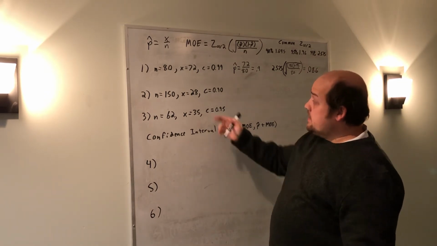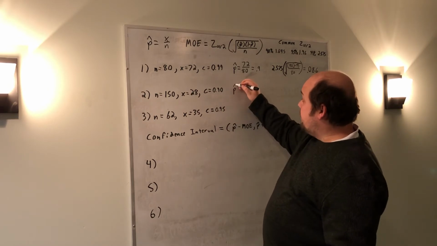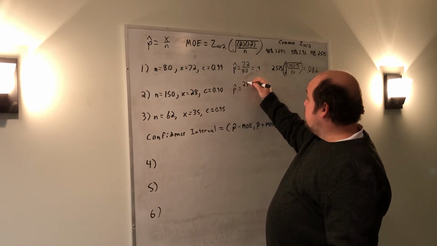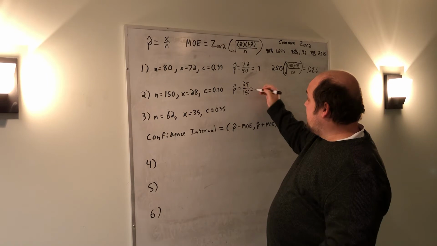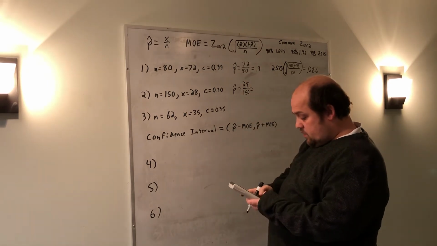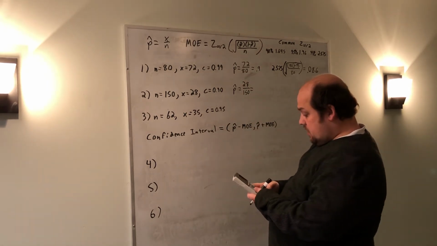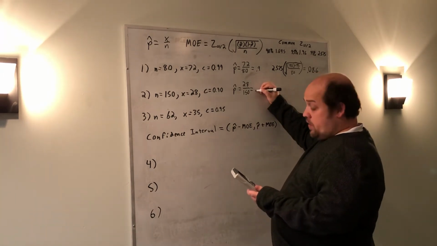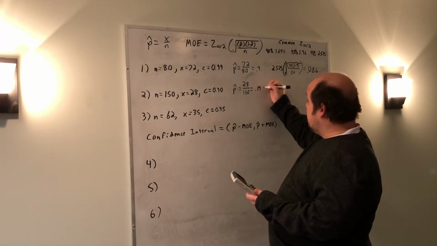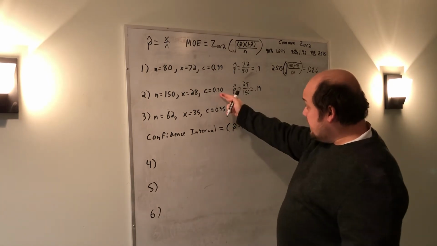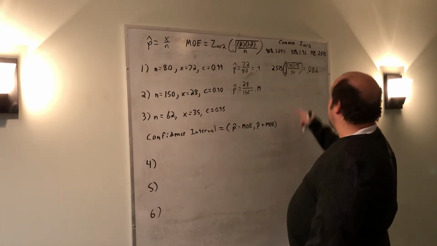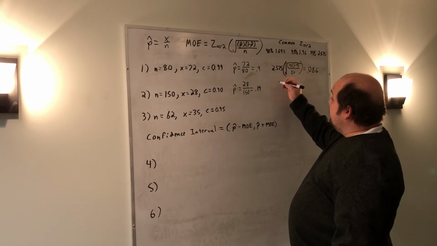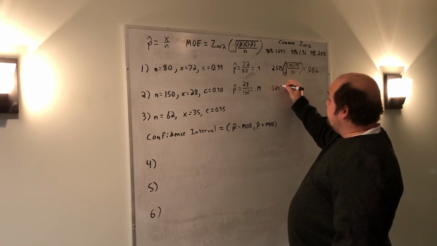Applying the same ideas to number 2, I start out by finding my p hat, 28 divided by 150. That gives me 0.186 repeating, so I'm going to call that 0.19. It tells me I want to be 90% confident. That points me to a z alpha over 2 value of 1.645.